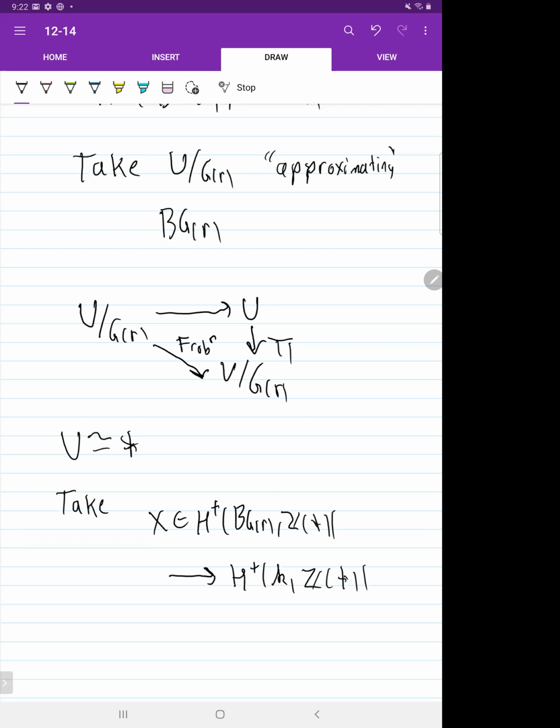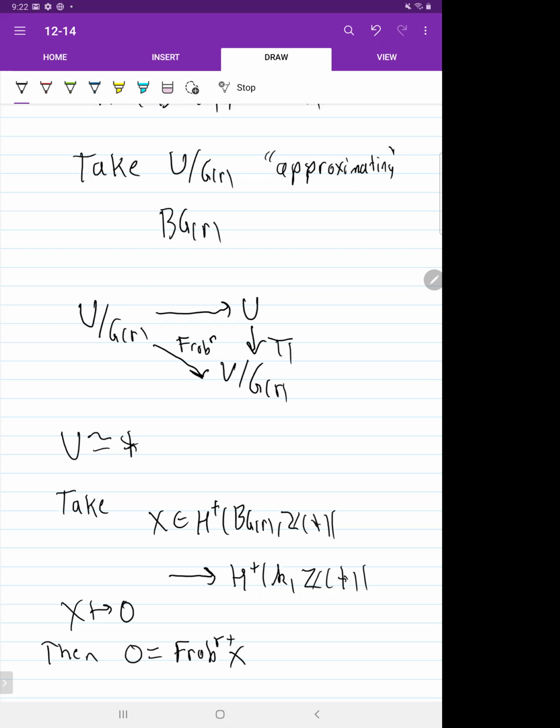And assume that x maps to 0, so it's a reduced cohomology class. Then from this commuting triangle, we get that 0 is equal to the Frobenius pullback of x.